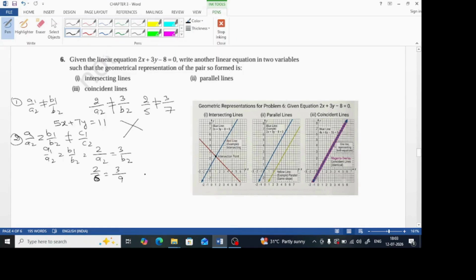We can take any number of our choice. So our equation will become 6x + 9y = 11. In that case, if a1 upon a2 is equal to b1 upon b2 but not equal to c1 upon c2, our lines will be parallel lines.